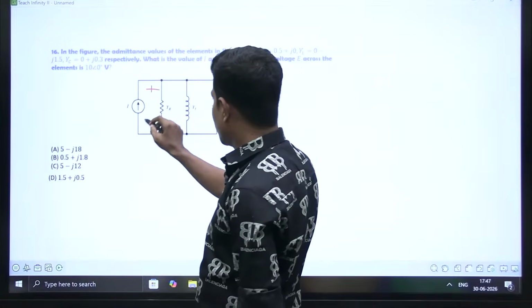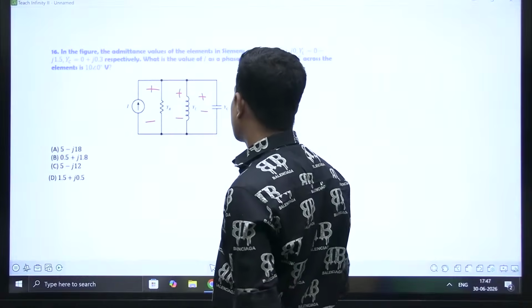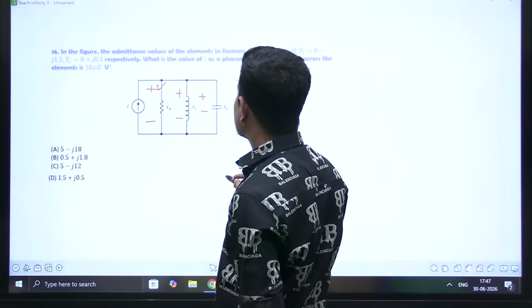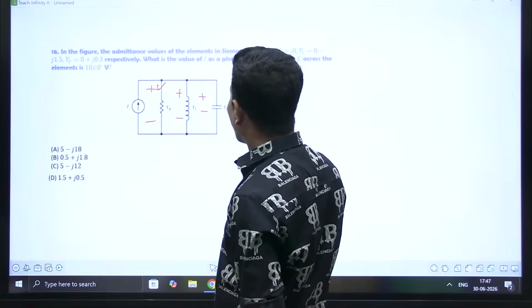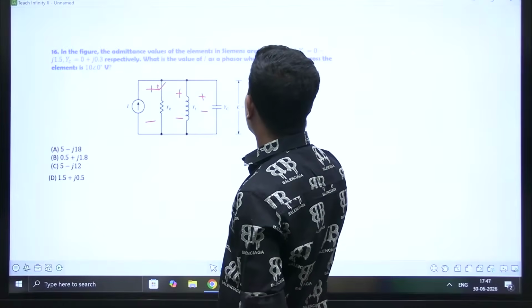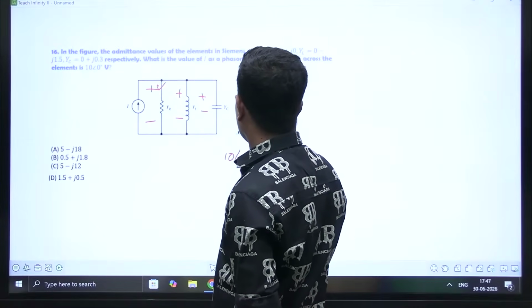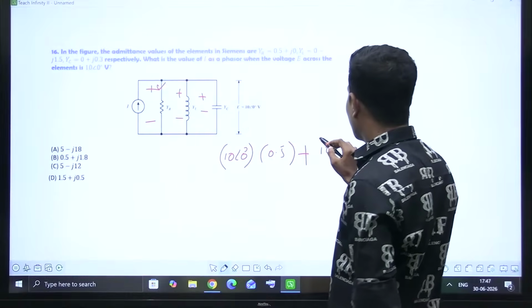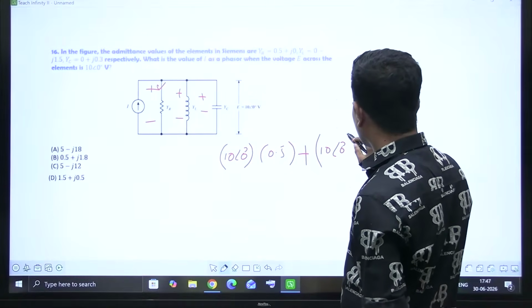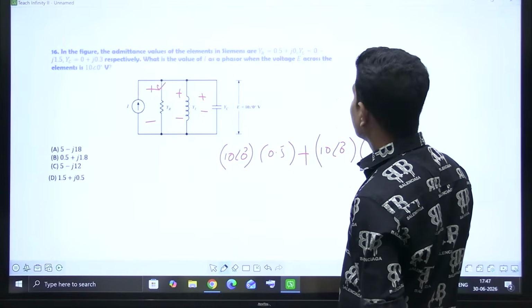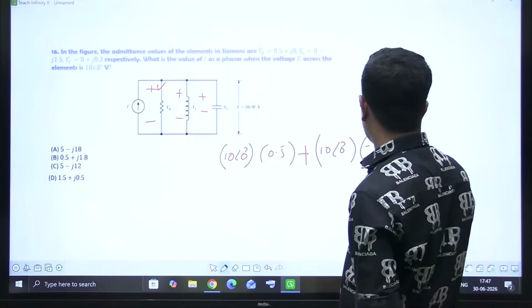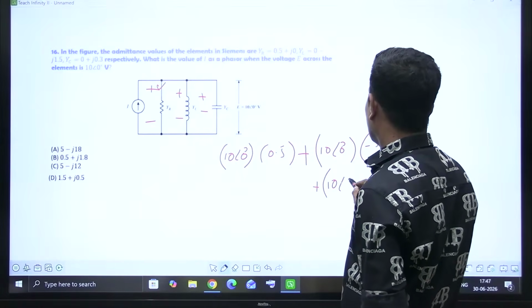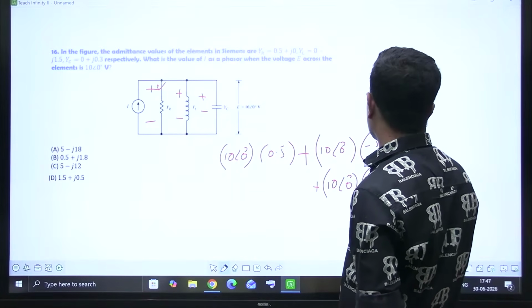So this voltage, we know in parallel the voltage is same. Then what is this current? The current I is E by R, that is E into YR. How much is it? 10 at an angle of 0 into 0.5, plus 10 at an angle of 0 into minus J 1.5, plus 10 at an angle of 0 into J 0.3.